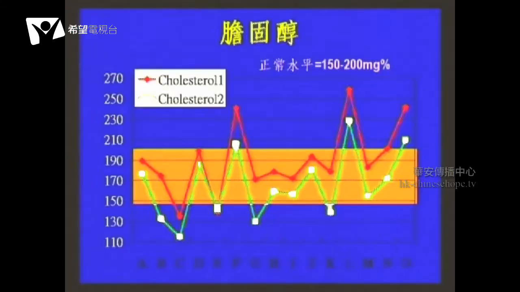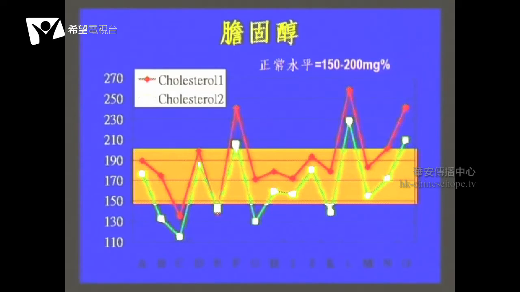So after 1 week, what are the results that we got? So you see that in the red part of this graphic, you have the blood cholesterol before they enter the program. And you see in the green part that all of them dropped the blood cholesterol after 1 week. This graphic for me was very important.